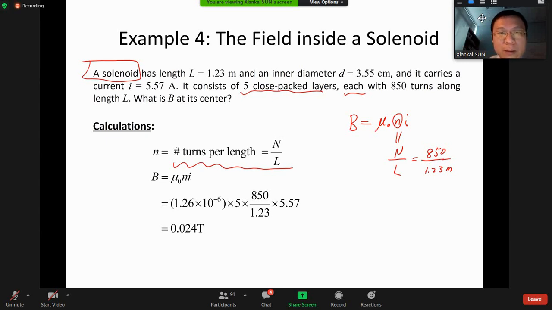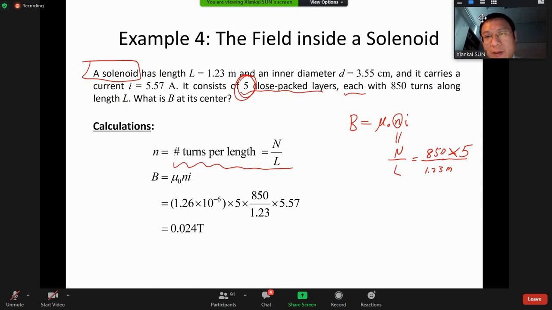On top of that, pay attention, it consists of 5 close-packed layers, so this has to be multiplied by 5, because there are 5 close-packed layers.